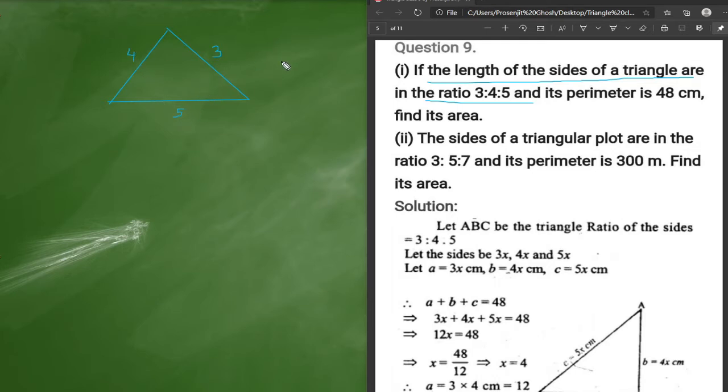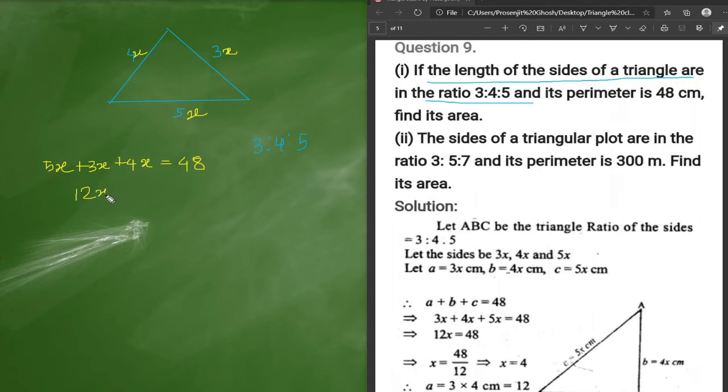Now, whenever we deal with a ratio, we know that we let the common ratio be x, and that is why each of the sides now becomes 3x, 5x, and 4x. That is the advantage of this one. So we know that if we add all the sides together, we will get the perimeter, and in this condition the perimeter 48 is given to you. So all you have to do is add them together.